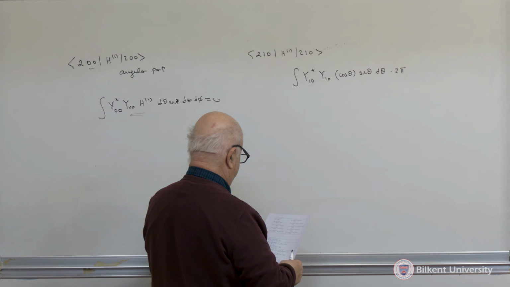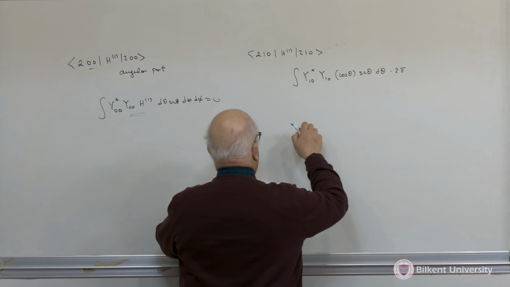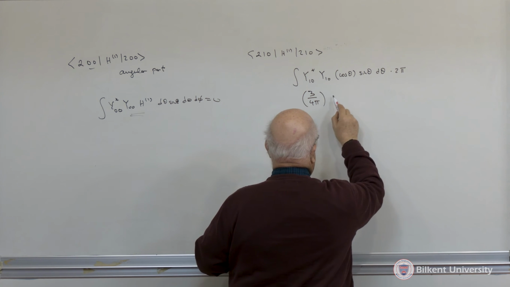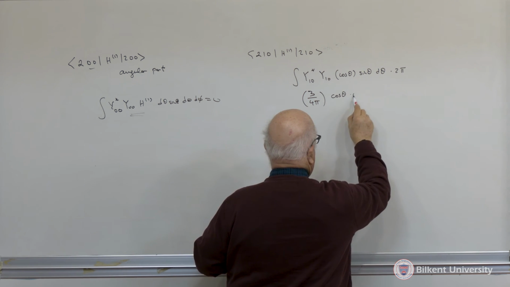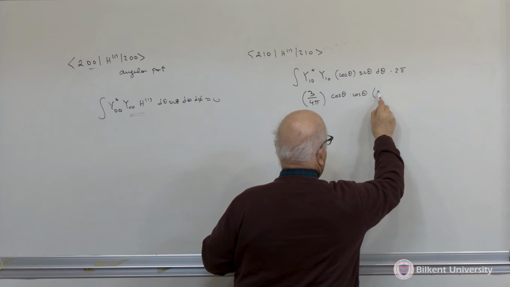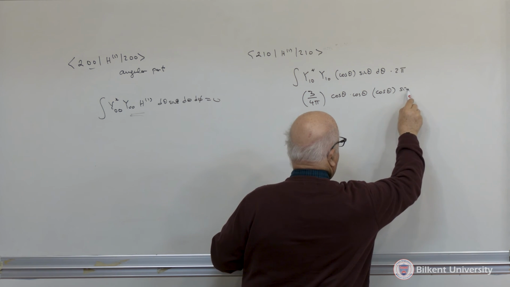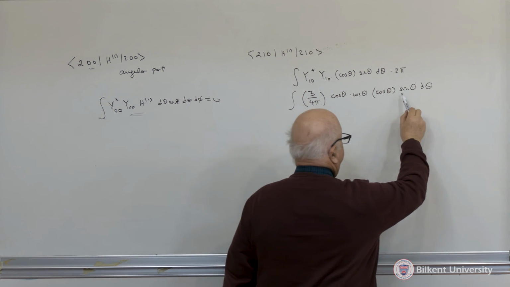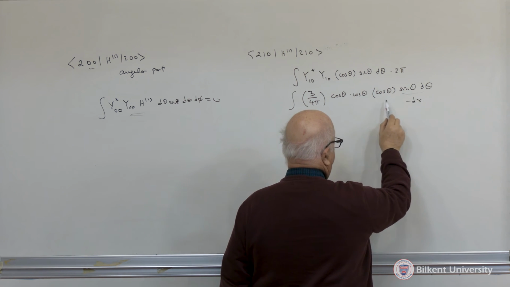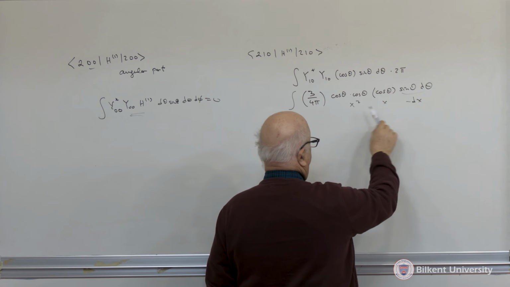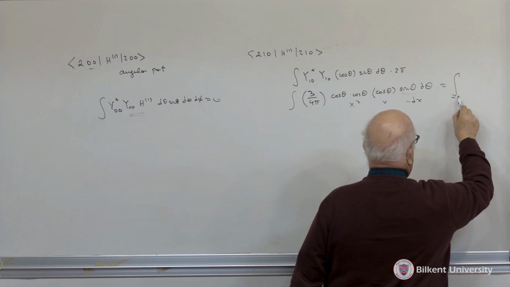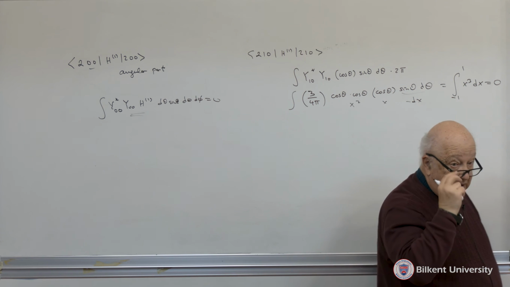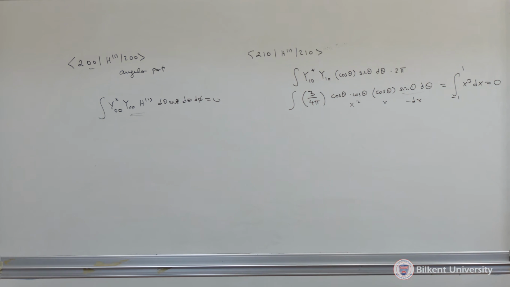So y1, 0 squared has a 3 over 4 pi coming from these two guys, and then it's just cosine theta times cosine theta from these two terms. Then there's yet another cosine theta from h1 and sine theta d theta. So it's again 0. Why? Because this is the minus x bit, this is x, and this is x squared. So the whole thing is just equal to the integral from minus 1 to 1 of x cubed dx, right? So again, an odd function integrated over a symmetric interval will give you 0.